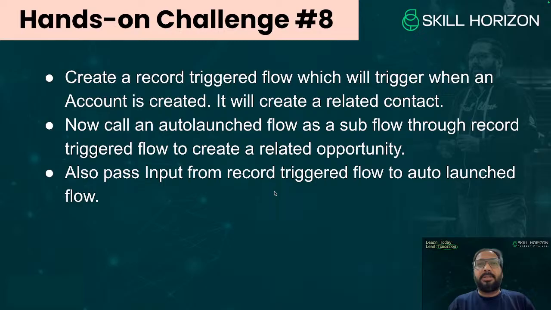So with this challenge you will get to know how we can call an auto launch flow as a subflow in a record triggered flow, because an auto launch flow cannot run itself. We need some automation through which that auto launch flow can be executed. And we will be passing input from the record triggered flow to the auto launch flow, so that also we will be discussing.